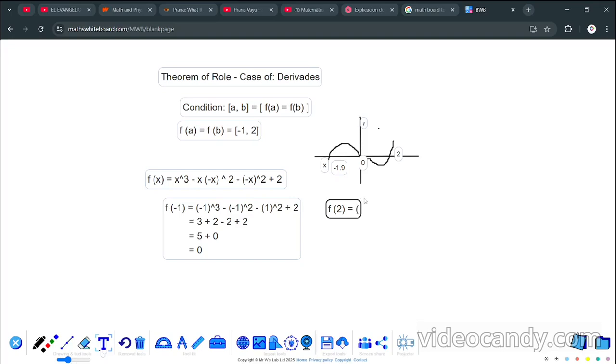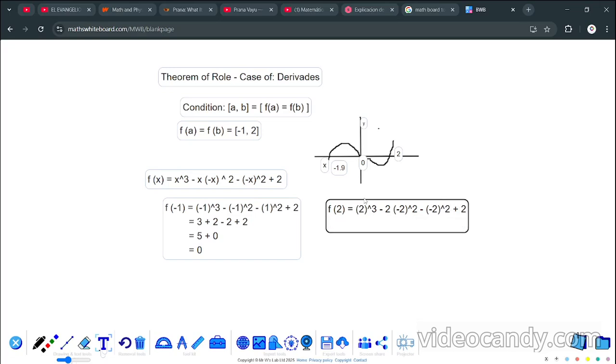In this case, it's just 2. 2 elevated by 3, minus 2, minus 2 elevated by 2, minus parentheses minus 2 elevated by 2 plus 2.